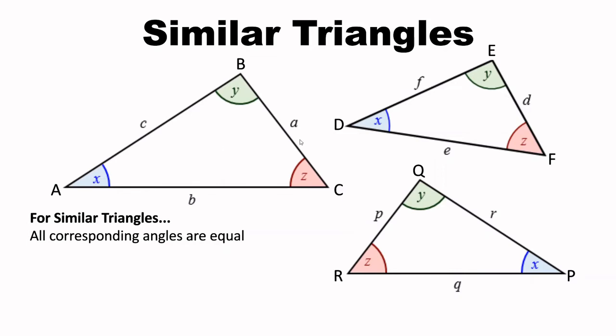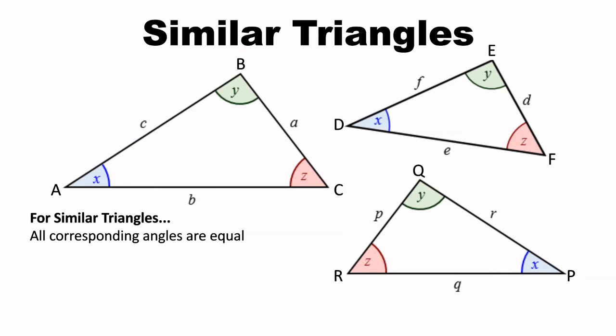So I've got x's in all three triangles, I've got y's in all three triangles, and I've got z's in all three triangles. So these are similar triangles as they all have the same angle measures. Note, however, that I didn't need to tell you what any of these angles actually are.